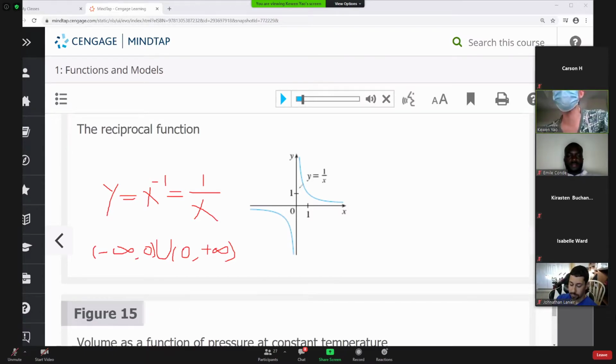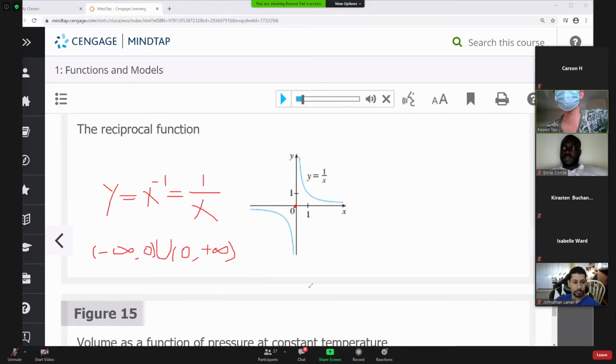Look at the picture: you cannot have x equal to 0, because the function is not defined there. The curve cannot touch the y-axis. There are only parts on the right side and the left side, but at x equal to 0 the function is undefined, because the domain is all real numbers except 0.